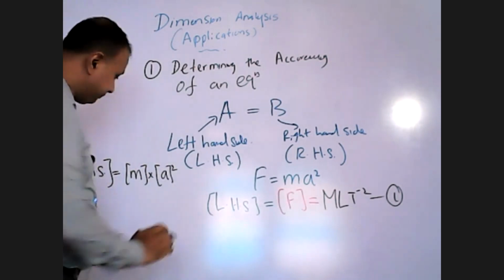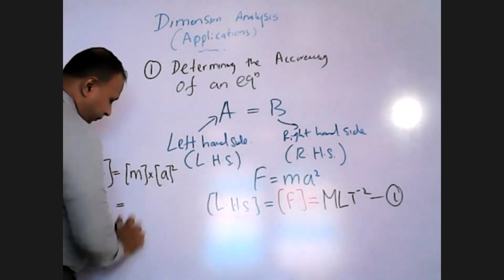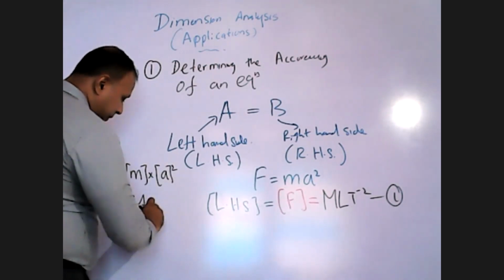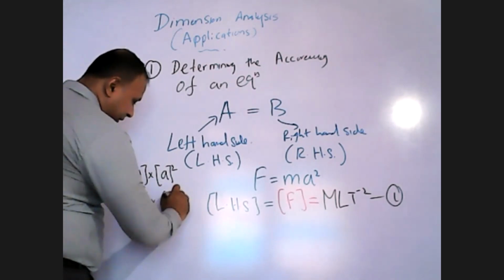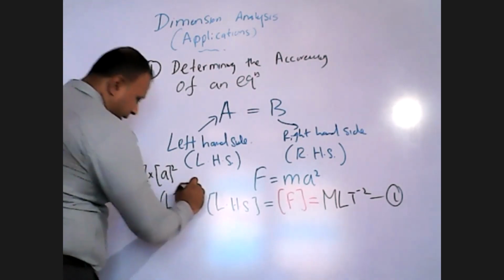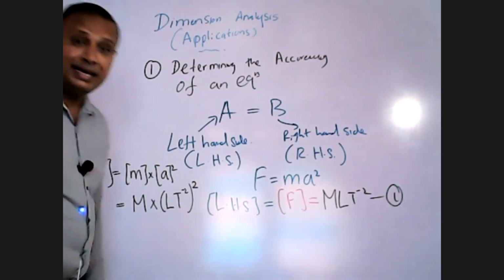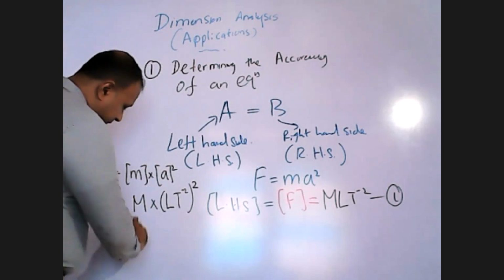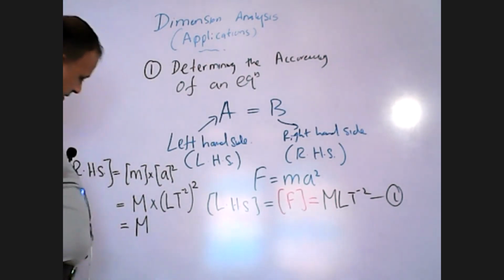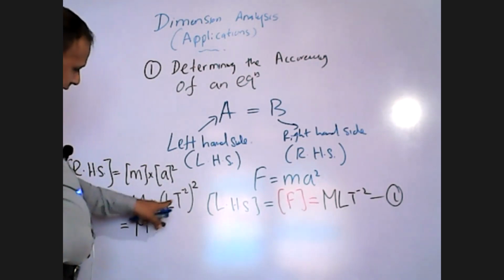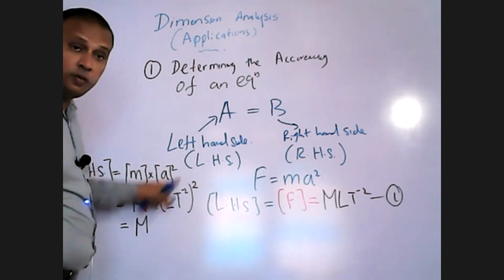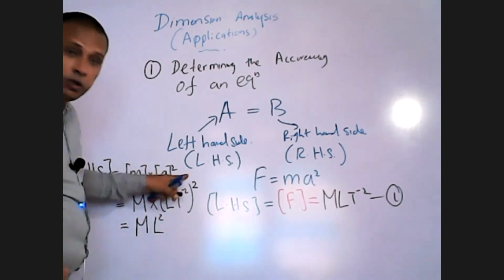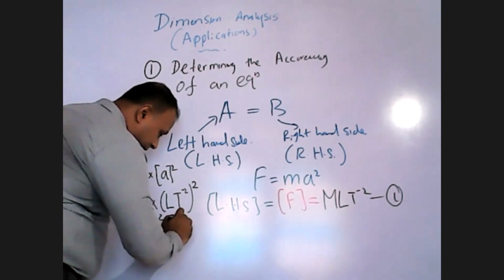The dimension of mass is equal to capital M. The dimension of a is L T minus 2, all squared. If I simplify this one, I will have L into 2, which means L squared, and T minus 2 into 2 means T minus 4.